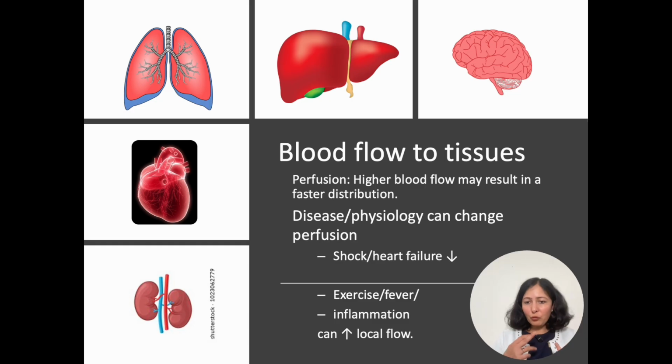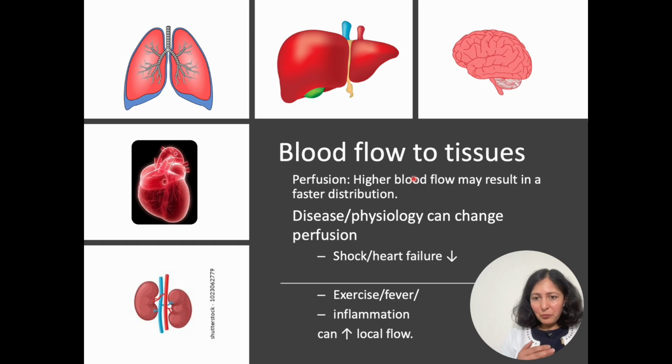Blood flow varies with the organ's physiological needs. Organs like the lung, liver, brain, heart, and kidney are metabolically more active and need a constant supply of oxygen and nutrients to function properly, and hence they have a higher blood flow.